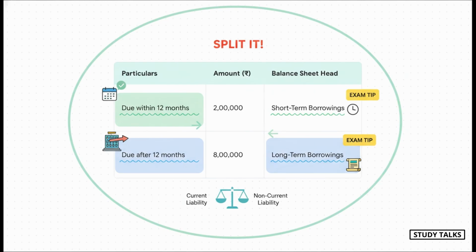The rule is simple. Any portion of a long-term loan that's due within 12 months from the balance sheet date has to be classified as a current liability. In this case, 2 installments are due in the next year, so that 2 lakhs gets reclassified as a short-term borrowing under current liabilities. The other 8 lakhs stays as a long-term borrowing under non-current liabilities. You have to split it. You can't just dump the whole amount in one place.